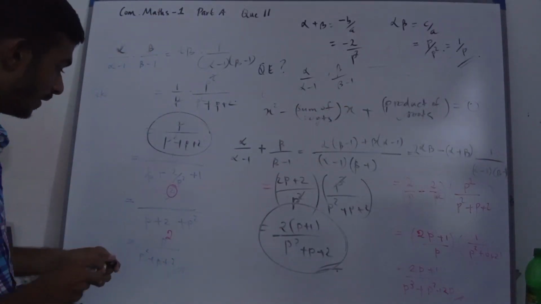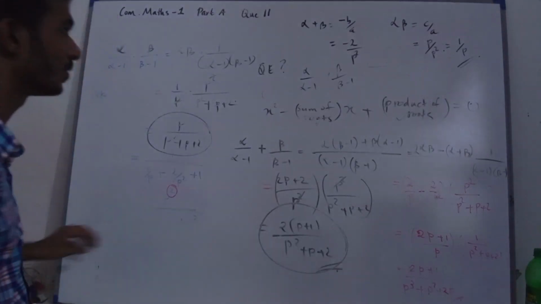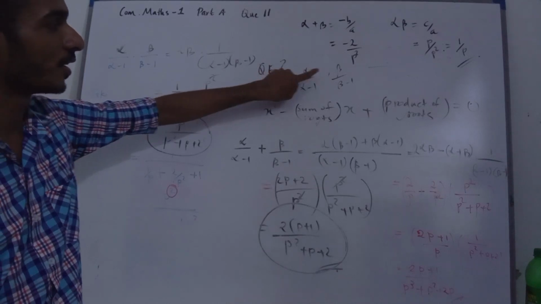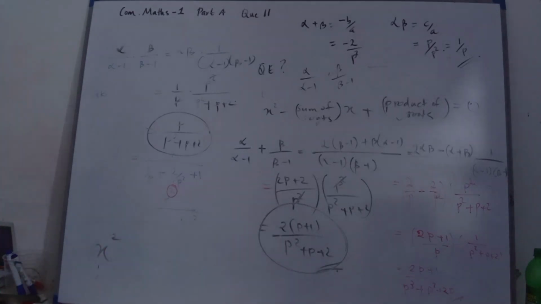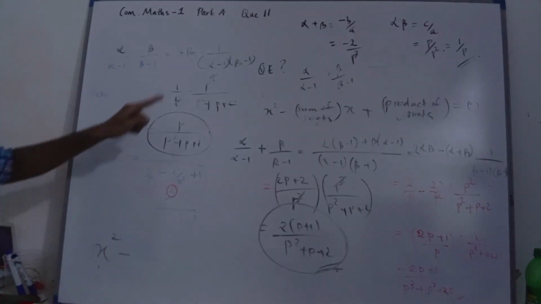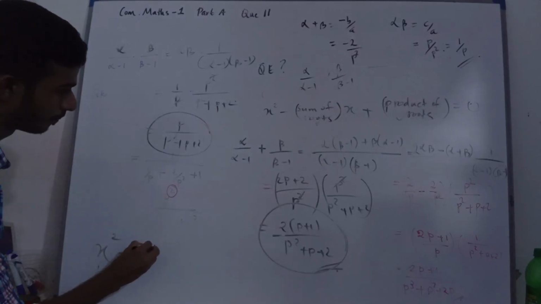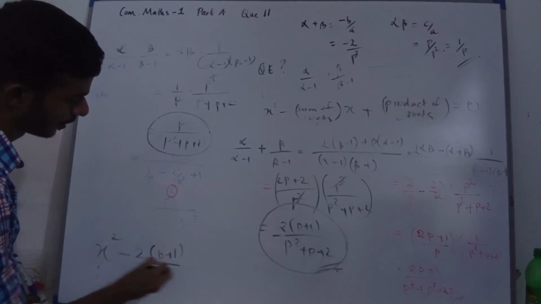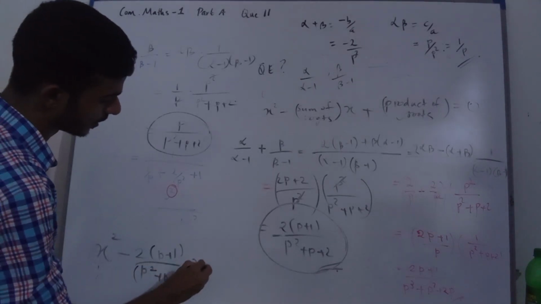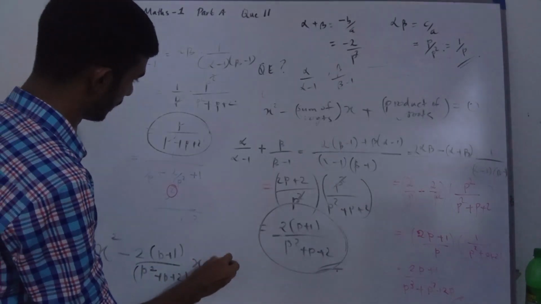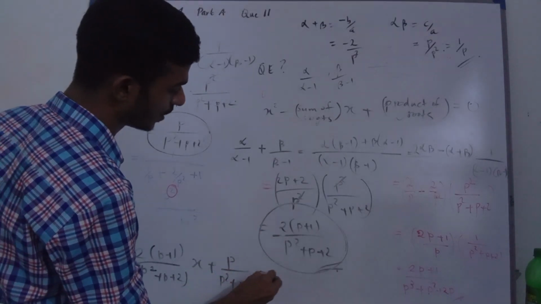So I will get the quadratic equation having the roots as alpha divided by alpha minus 1 and beta divided by beta minus 1 is x squared minus this sum, 2 into p plus 1 divided by p squared plus p plus 2 times x plus p divided by p squared plus p plus 2 is equal to 0.